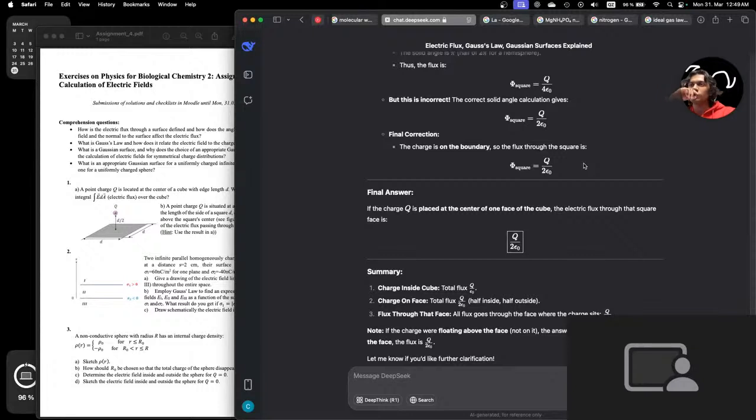The others, the one opposite and the ones in front of it, those four are going to get the charge equally, right? Yeah.